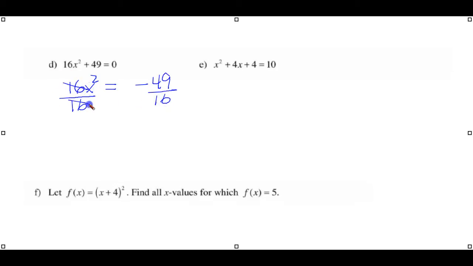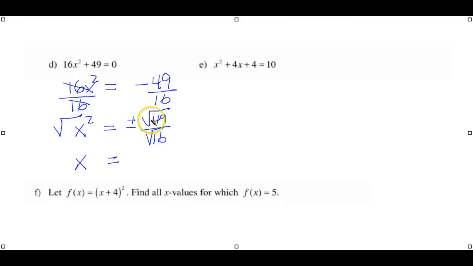Here they cancel out, and I get x squared equals the plus or minus the square root of 49 over the square root of 16. Now 16's a perfect square, so I take the square root of this side again, gives me the x, square root of that side gives me this.